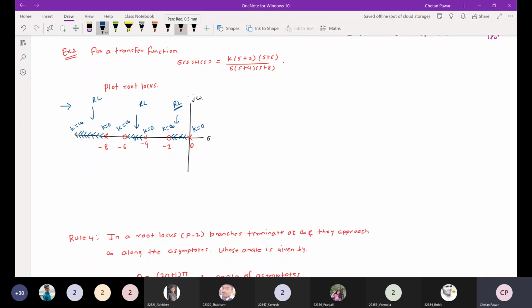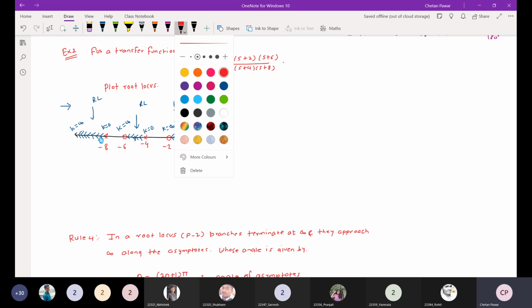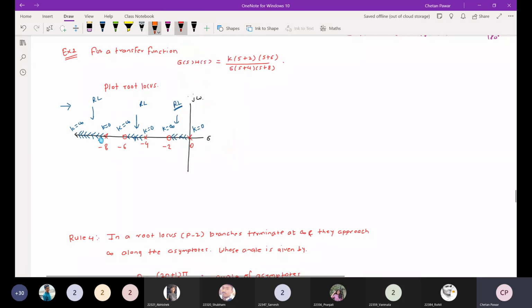When a root locus branch terminates at infinity, that branch follows the asymptote. I will use another color. That asymptote will start from -8 and end at infinity. So this root locus branch will follow that asymptote. Rule number 4 is related to that.